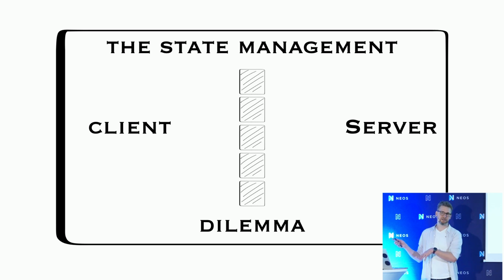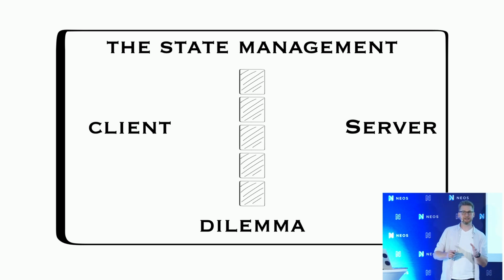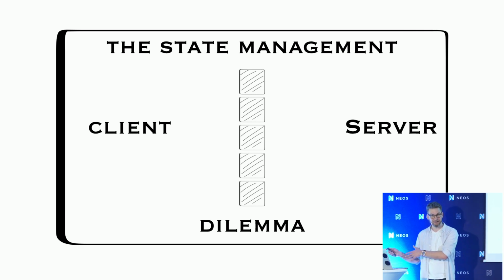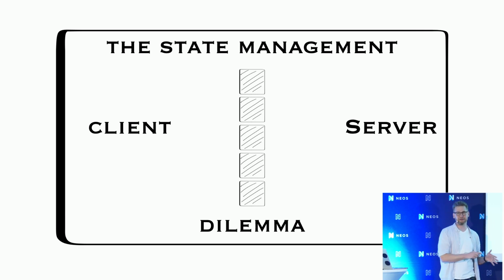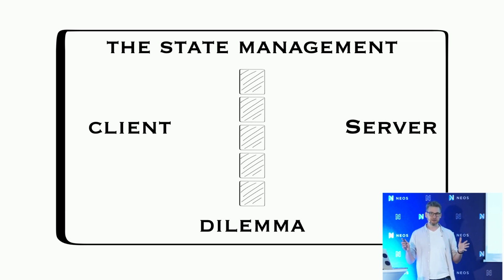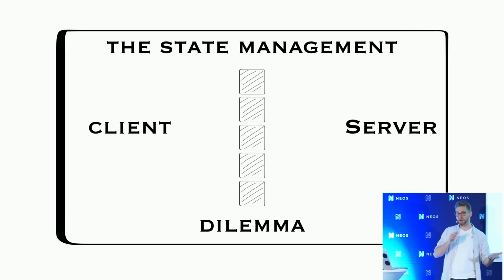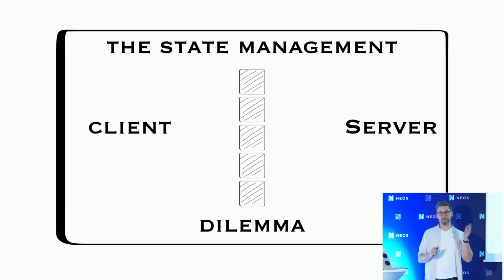But when you harness that power, you always add complexity again, because you might have a state on the client and a state on the server that might not be in sync. And then you have to manage all that state back and forth until you find out, oh no, was it really a good idea? I don't want to say don't do it, I just want to say consider it.